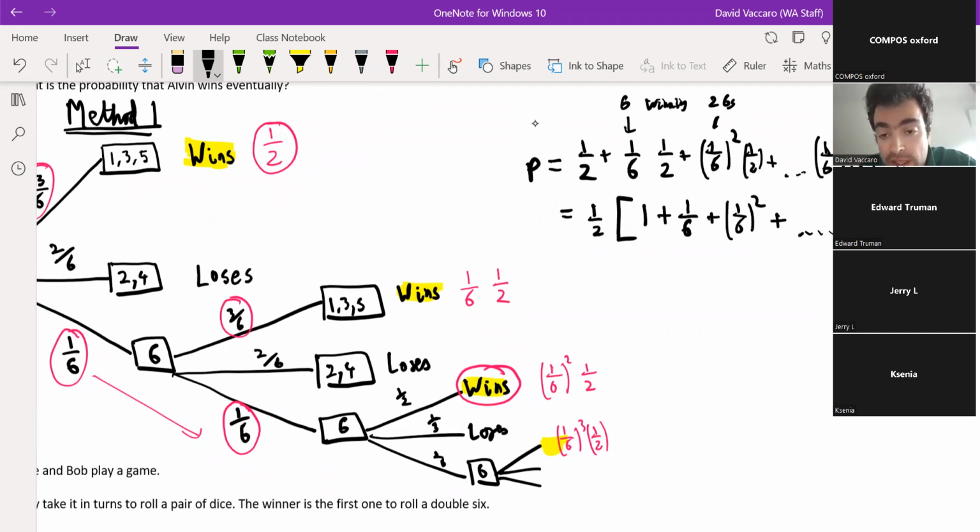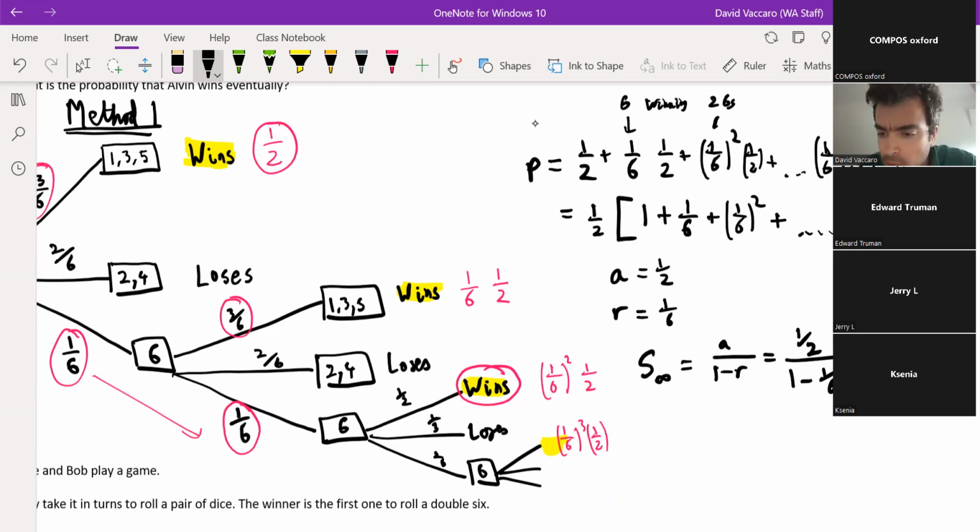What's the formula for this infinite geometric progression? Well, if I consider the geometric progression, I can put a is equal to a half, the common ratio is equal to 1/6, and the sum to infinity is a over 1 minus r, which is 1/2 over 1 minus 1/6, which is 1/2 over 5/6, and that simplifies to 3/5.